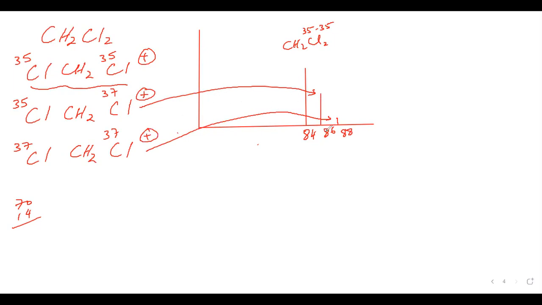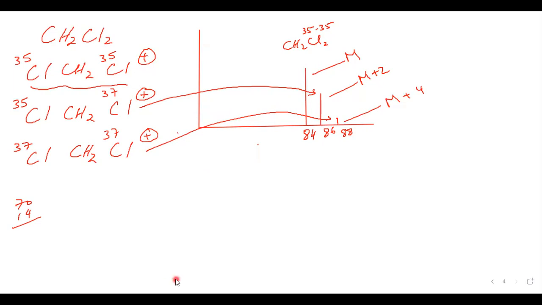So we get 3 peaks, the M peak, M plus 2 peak, and M plus 4 peak, corresponding to these 3 ions. And the ratio is the same as we said in the case of Cl2. It will be in the ratio of 9 to 6 to 1.